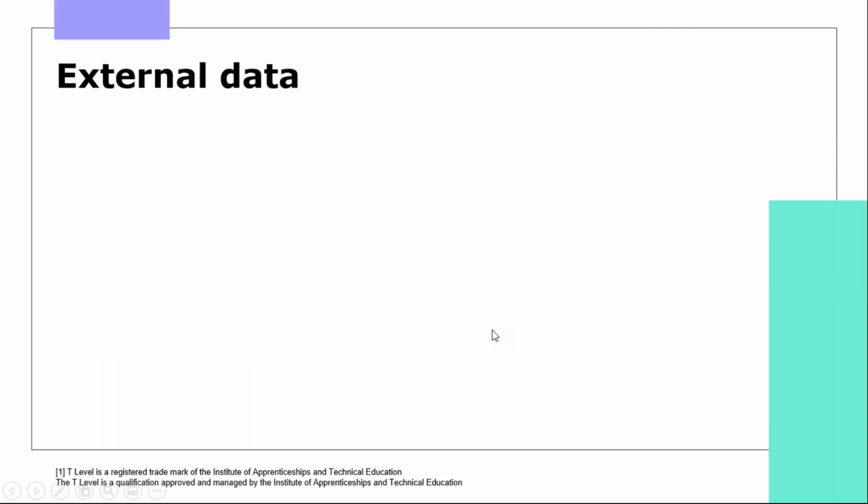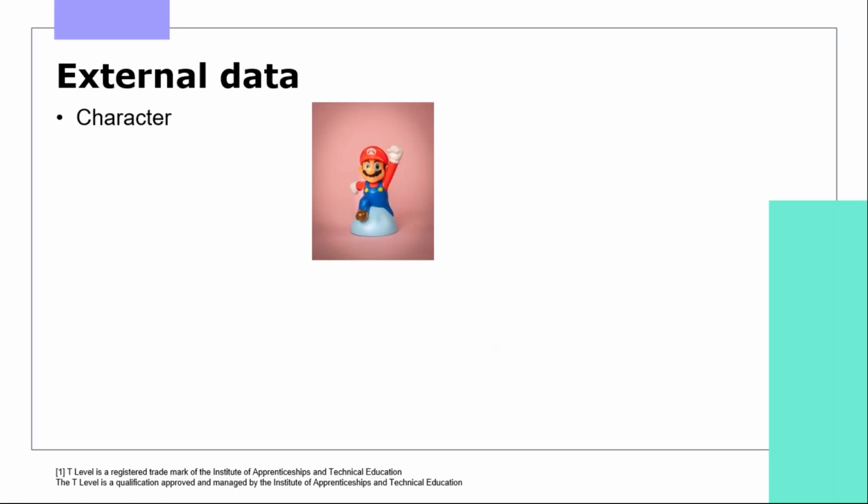And then we have the external data. The character's data would include things like the weight, the speed, acceleration, and the handling. The most obvious trend here is the trade-off between speed and acceleration. Heavy characters have a good speed but poor acceleration, while light characters have snappy acceleration but a low top speed.